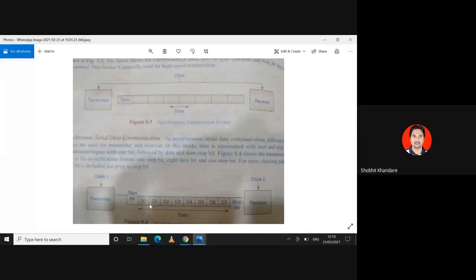Also, for 1 bit, the transmission time is equal to 1 second upon 9600, which is equal to 0.104 millisecond.